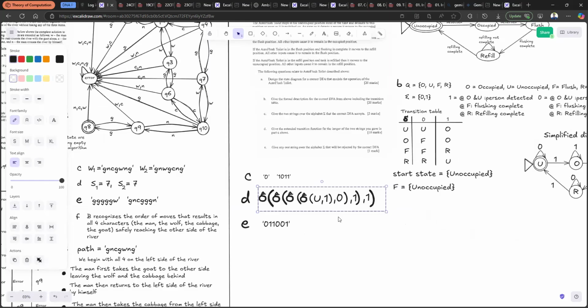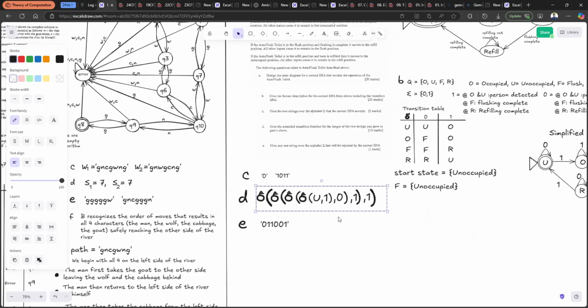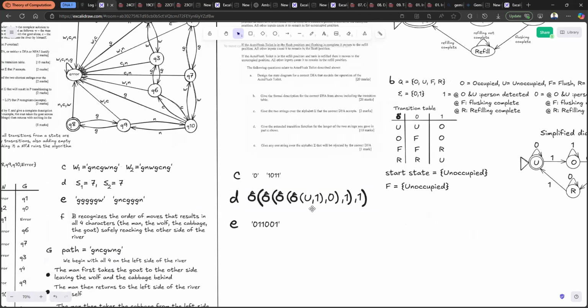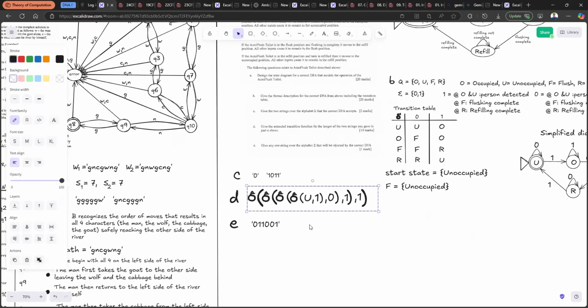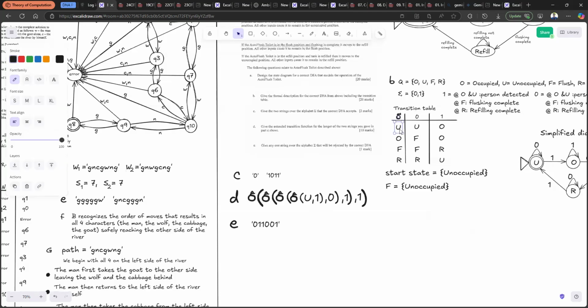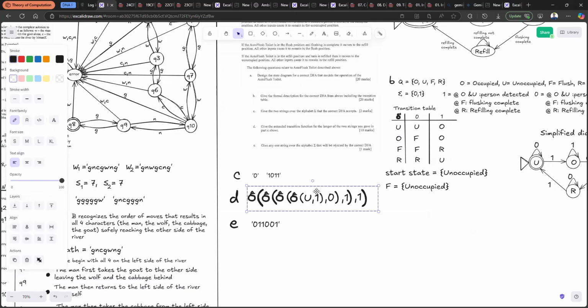Because U is the start state and 1 is the input at the start state. So we're at U and we get an input of 1. So this whole inner bracket becomes O.